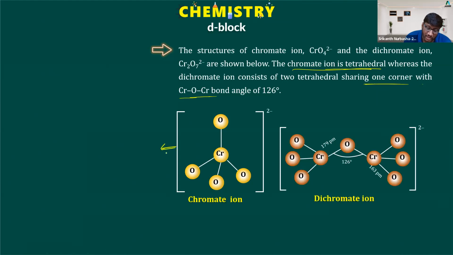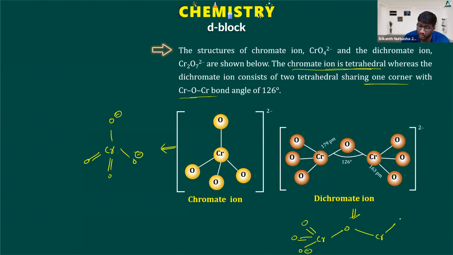In chromate you have Cr double bond O, O minus, O minus. And dichromate is Cr double bond O, O minus, chromium-oxygen-chromium bond, Cr double bond O. This is also how you can understand the structures of chromate and dichromate ions.